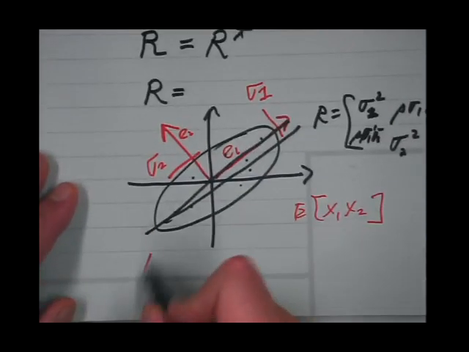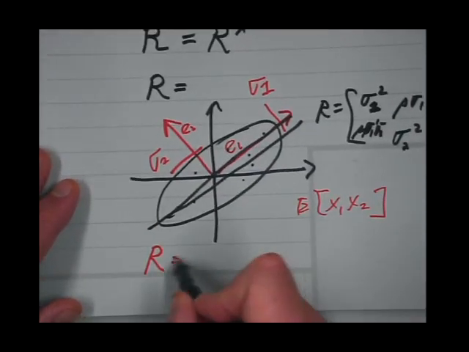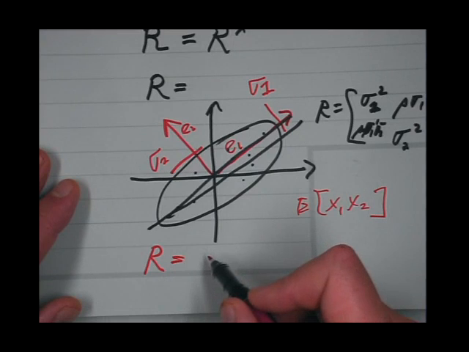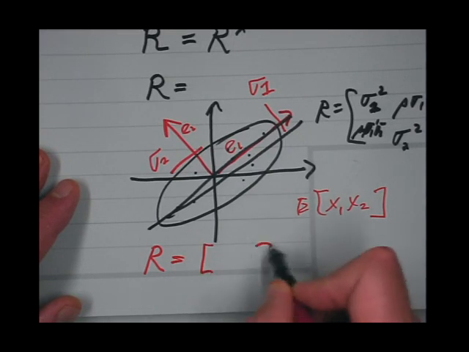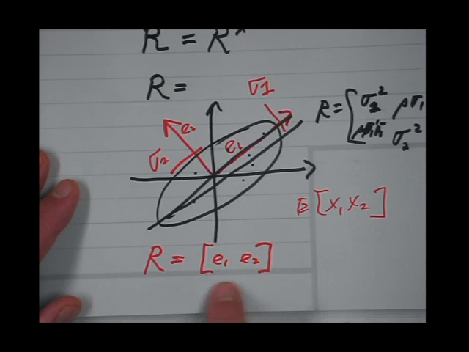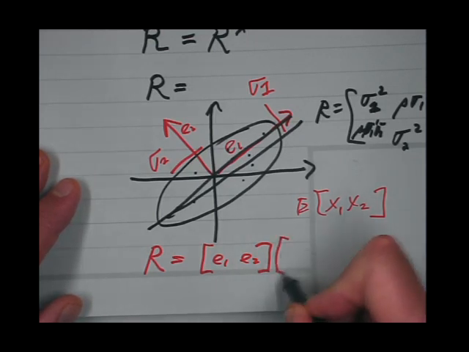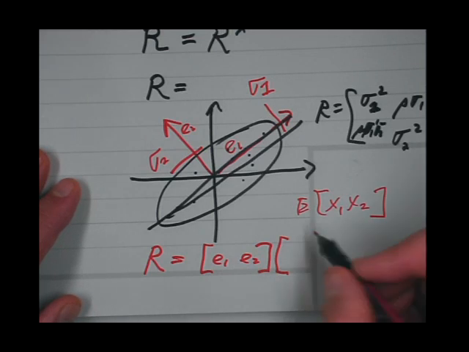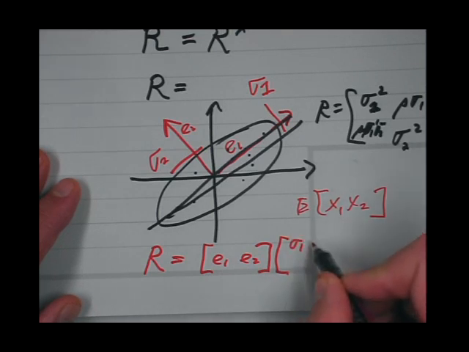And you can express the autocorrelation R like this. This is E1 and that's E2. That's a 2 by 2 matrix because E1 and E2 are each two-dimensional vectors, right? And then we're going to have this thing here, which is going to be sigma 1 squared, and sigma 2 squared, and 0, 0.